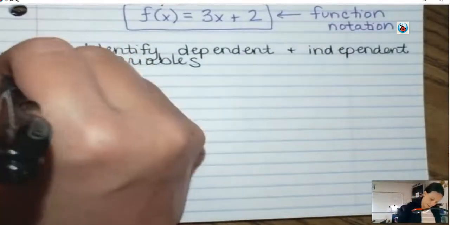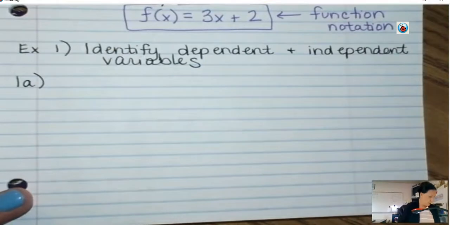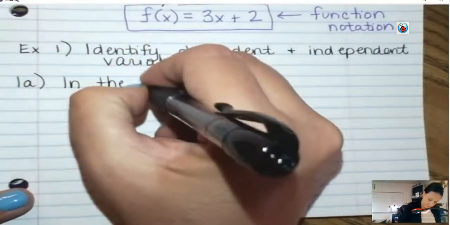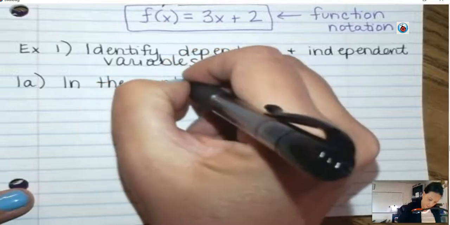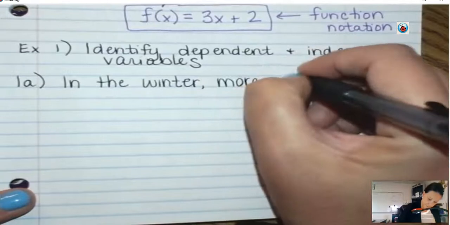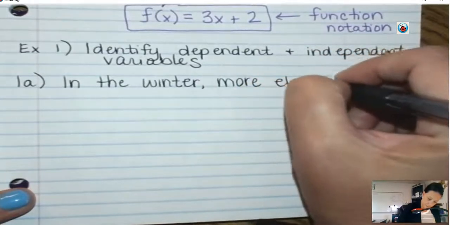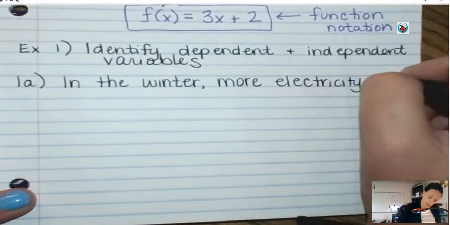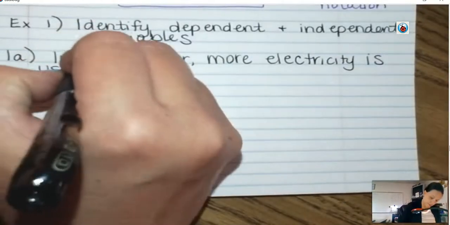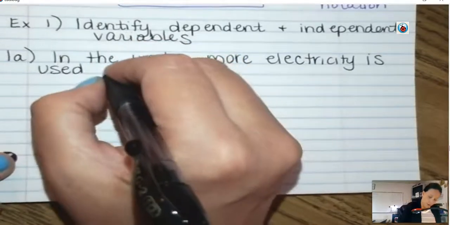Okay, 1A. In the winter, more electricity is used when the temperature goes down.